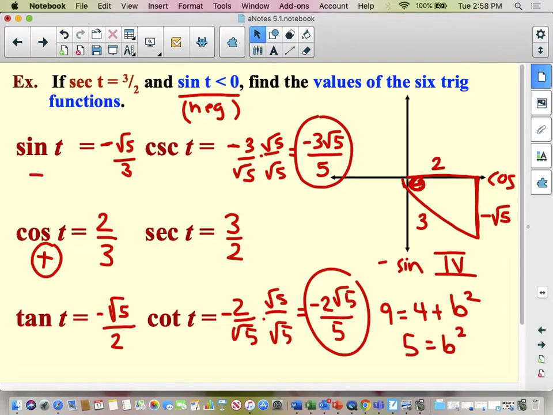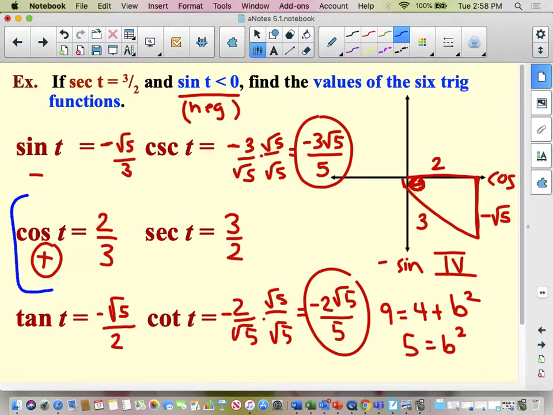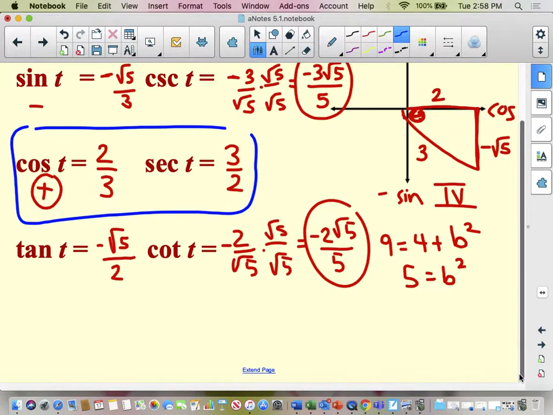Okay, option 2, which I'm not going to fully do, but you can use the fact that your unit circle is x squared plus y squared equals 1. Going back, originally all I knew was these two pieces. So if I know the cosine, I can find the sine, because cosine is x. I'll just show you briefly this one side. x squared plus y squared equals 1.